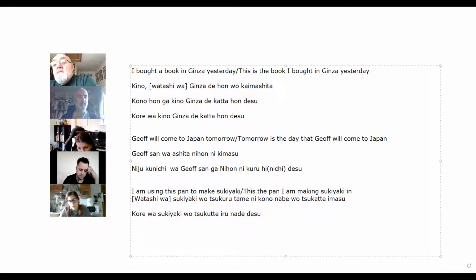Now, I guess it is to understand correctly. Isn't this like saying general? This is the pan I'm using usually to make this, the sukiyaki. Not I'm using this right now for that. So this is the information that's missing from the English sentence because of the peculiarities of English. These original sentences here are not indicating clearly whether or not you're talking about now or whether you use it on a general basis.